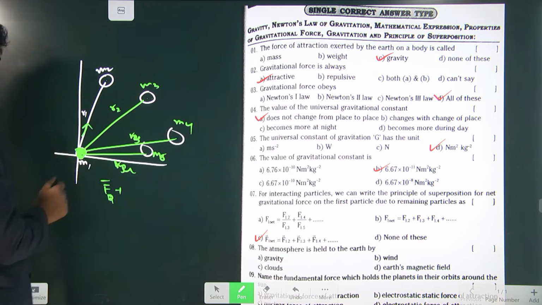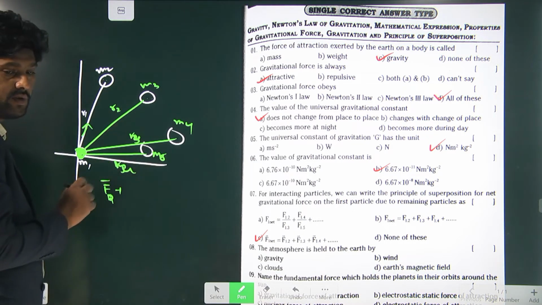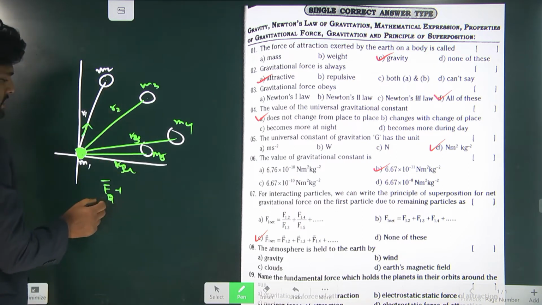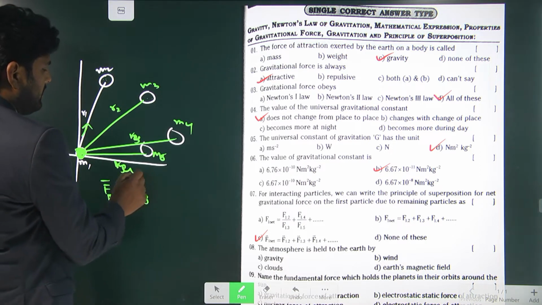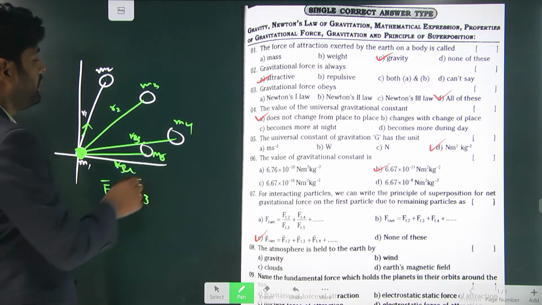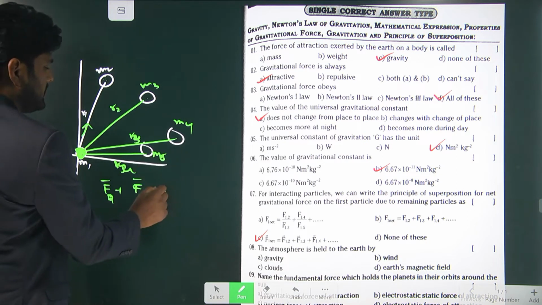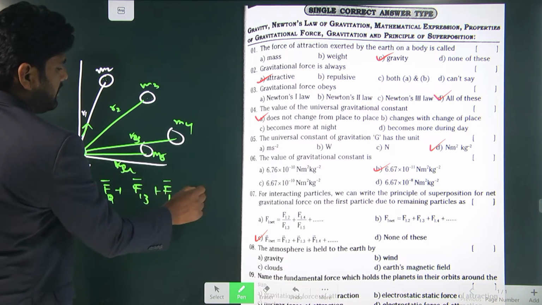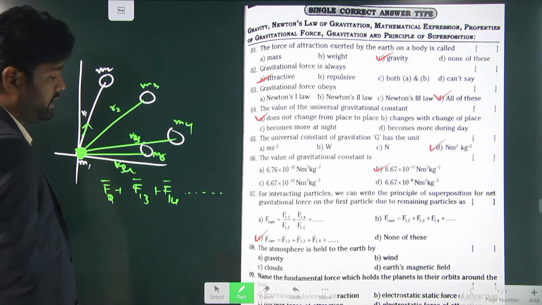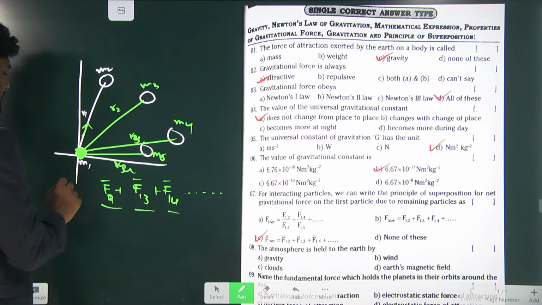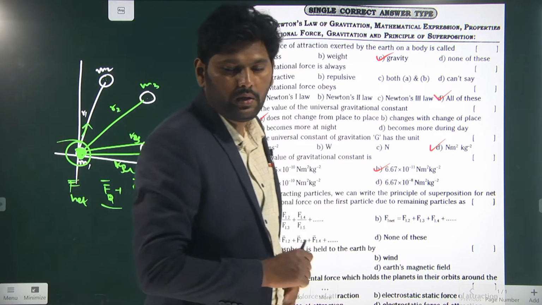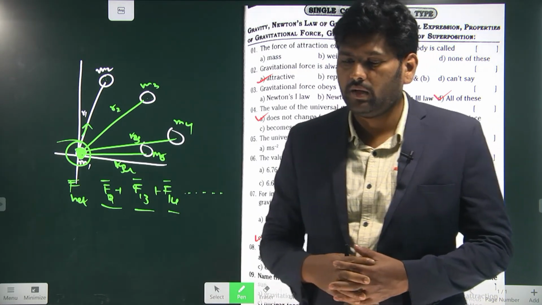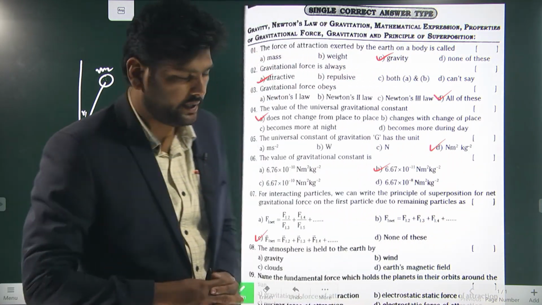On the first mass, due to the other masses, force is acting: due to m2, F12; due to m3, F13; due to the fourth mass, F14, keeping the directions in mind. This vector sum is known as the net force acting on mass m1. Understand? Next question.